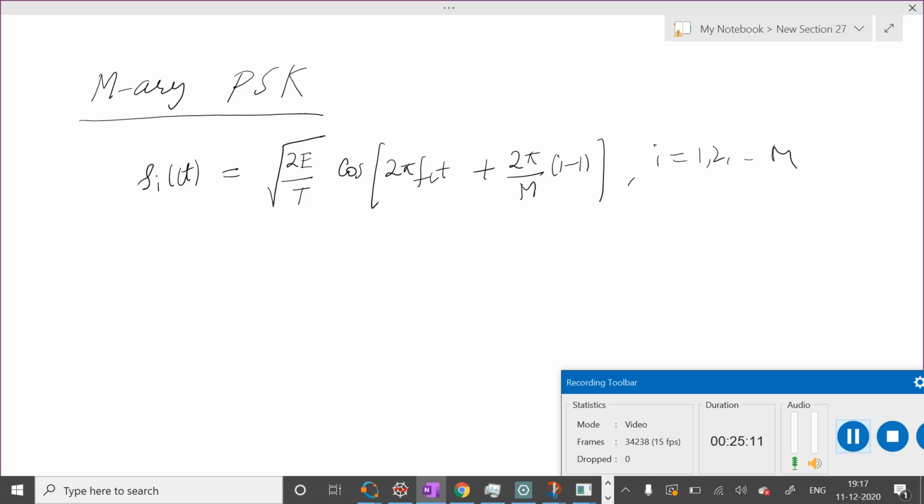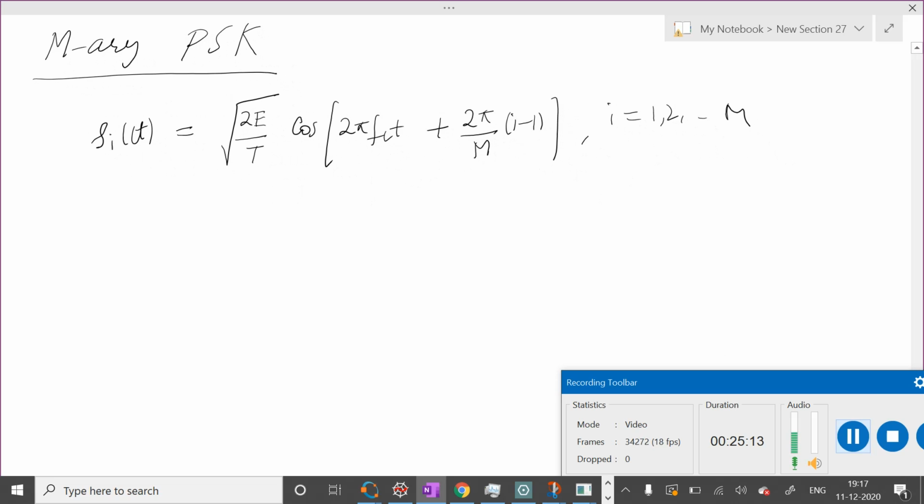Why should M be a power of 2? Because we are going to represent binary numbers with it. So we cannot have 7 waveforms, because log 7 to the base 2 is not an integer. So we need M to be a power of 2.